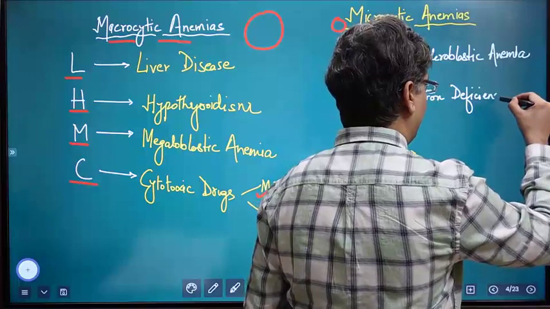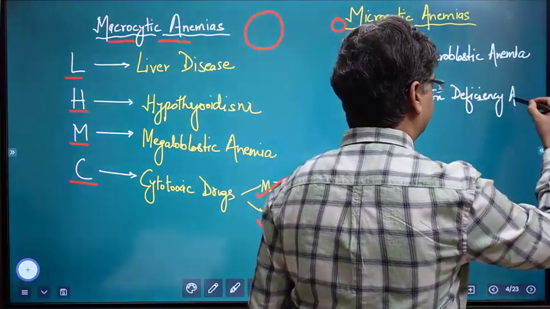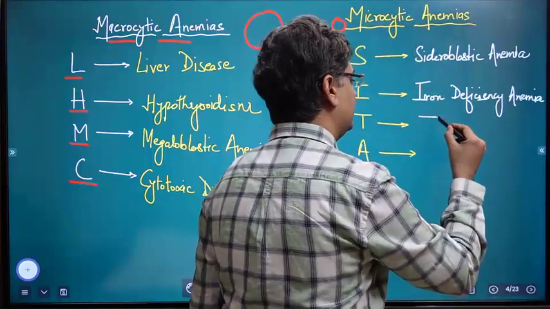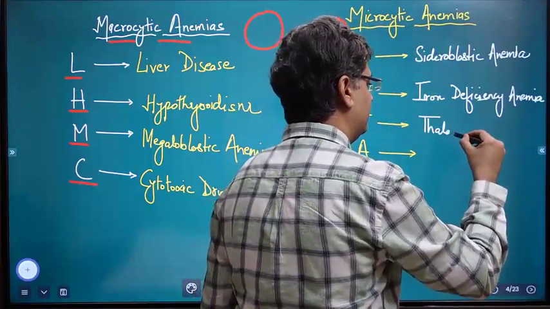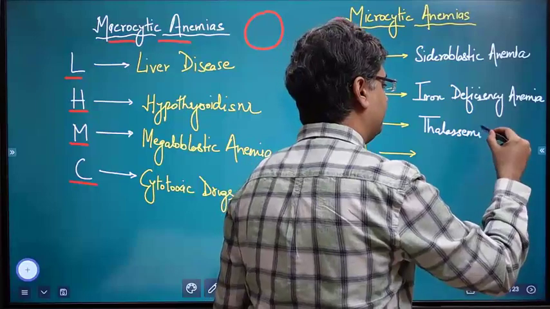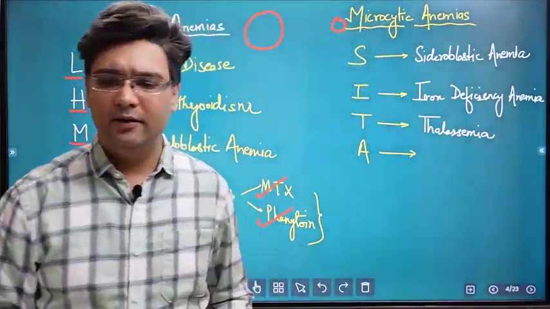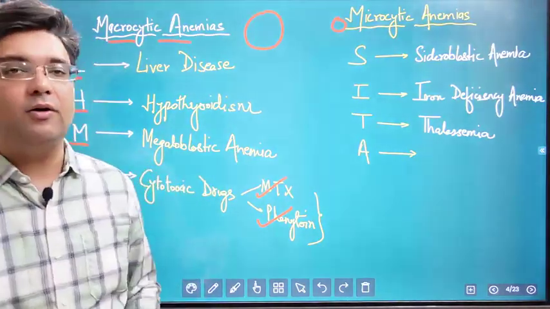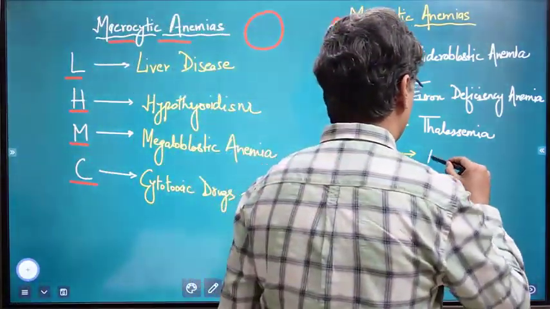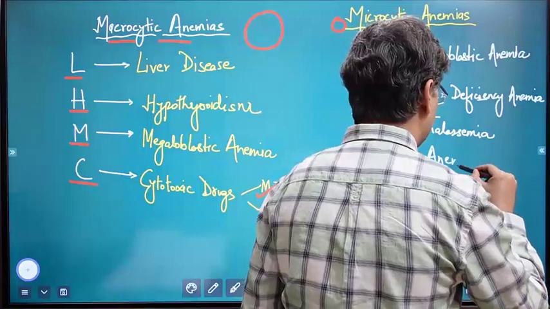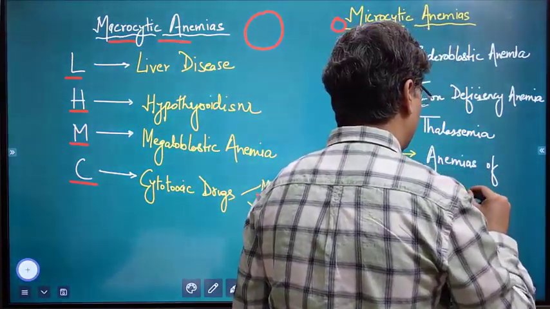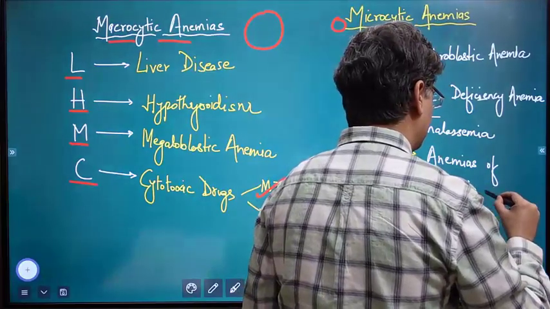iron deficiency anemia. And then we have the T here. T signifies thalassemia. Okay, and finally we have the A, and this signifies anemia of chronic disease. What does this signify? This signifies anemias of chronic disease.